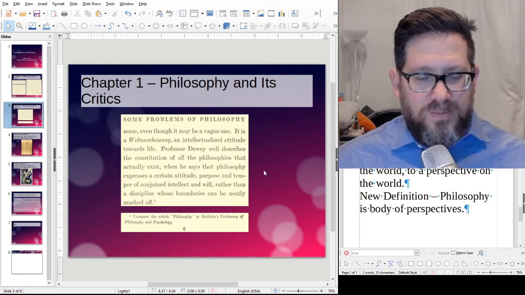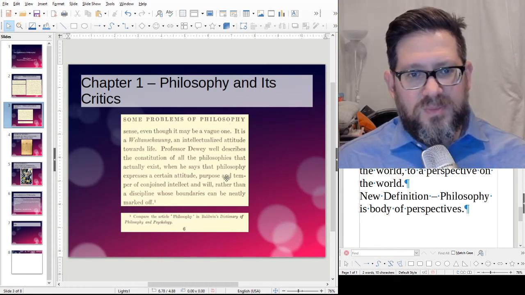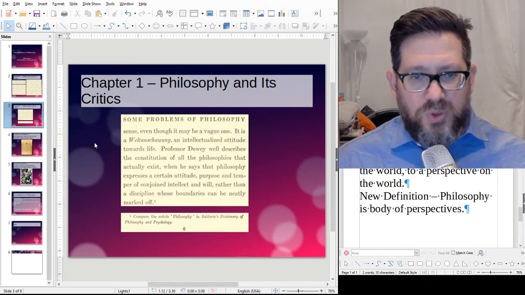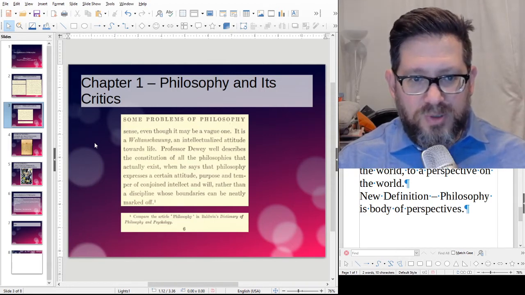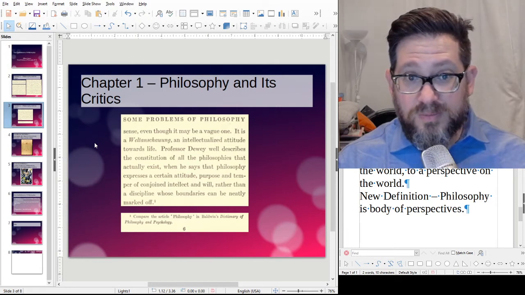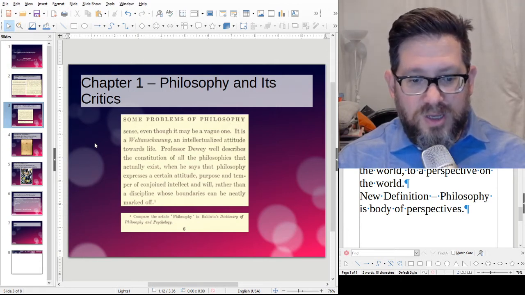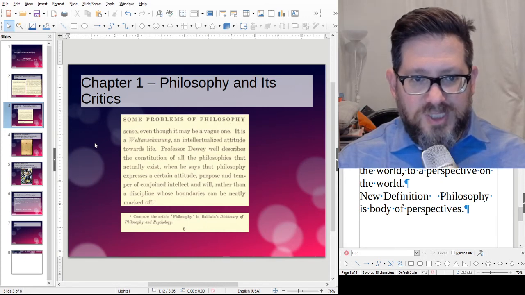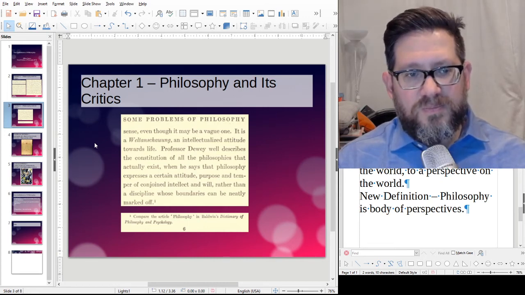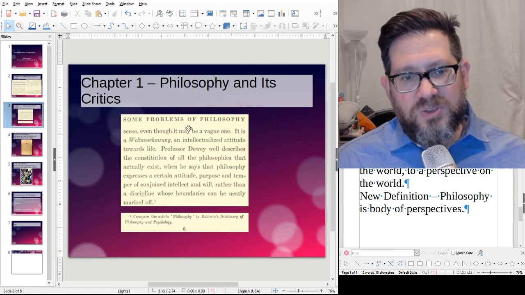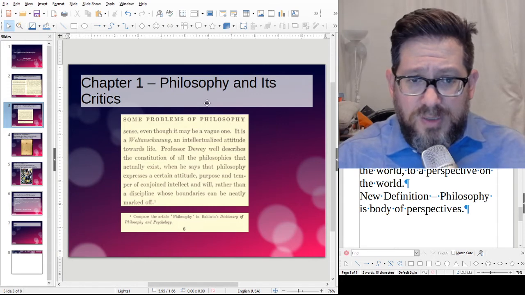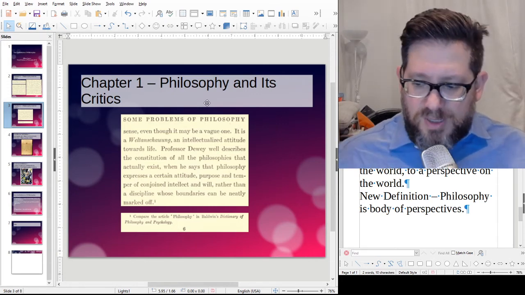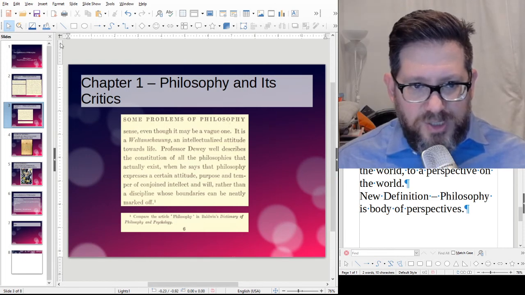So what have we done here? Well, we've moved from rationalism, a definition starting with a principle, to empiricism, starting with a bunch of different ways of seeing the world. We've been talking a lot about this conflict between rationalism and empiricism, and here we have it playing out in the definition of philosophy.